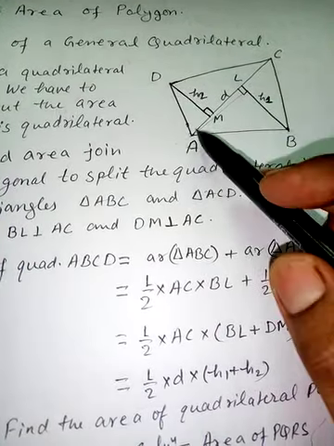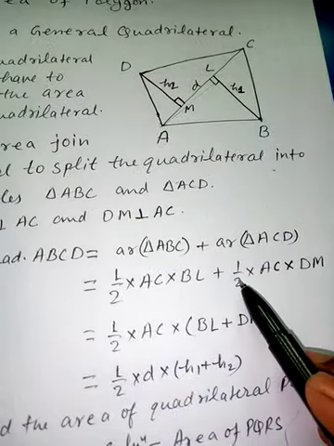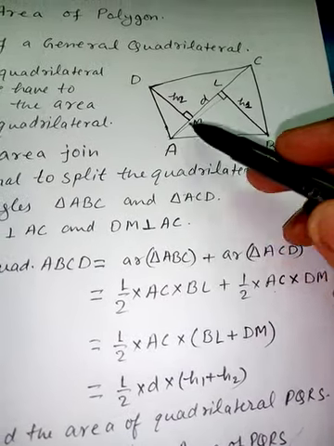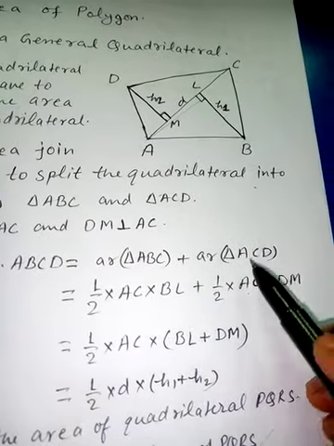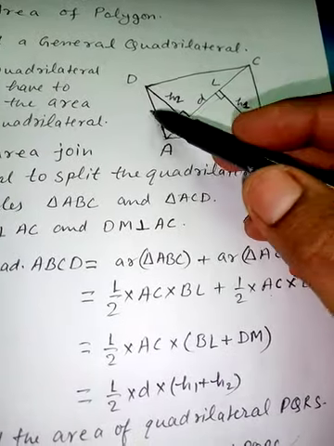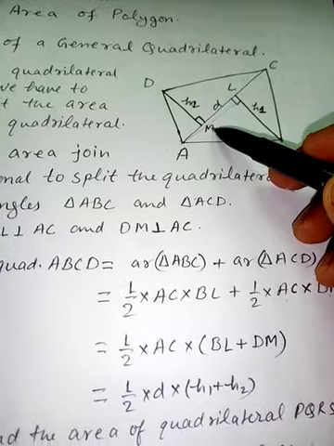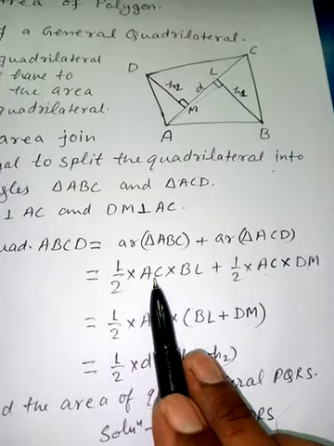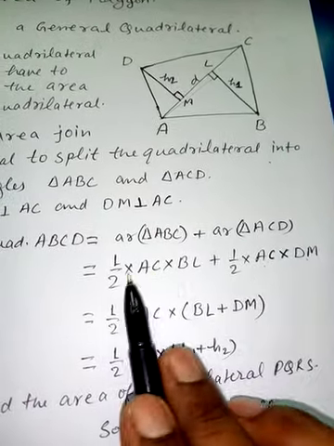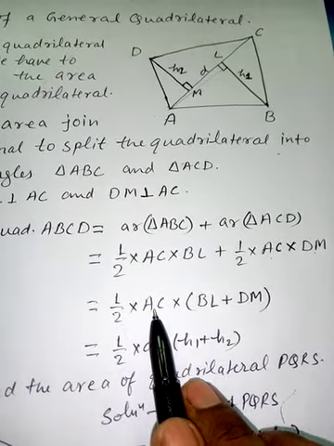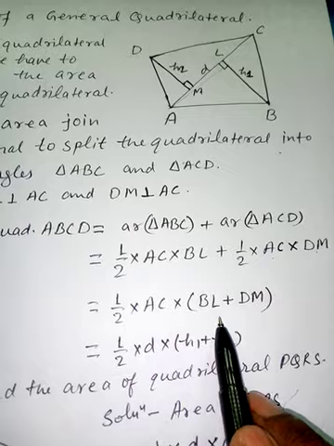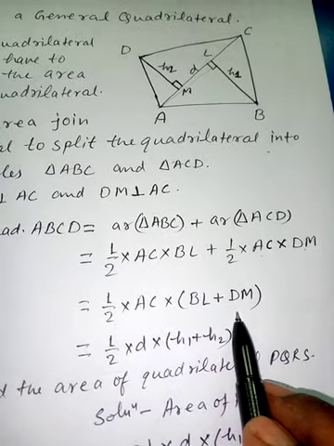And for the area of triangle ACD, 1 by 2, base is AC again. AC is the base for both the triangles, into DM, that is the perpendicular. Now 1 by 2 into AC is common in both the terms, so we have 1 by 2 into AC, then BL is left here and plus DM is left here.